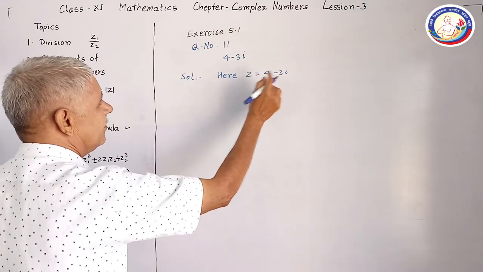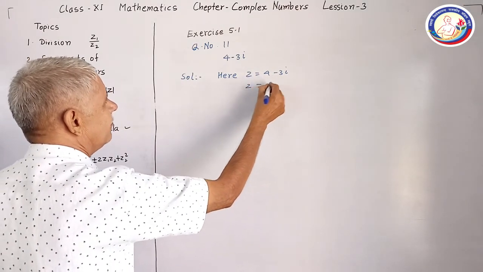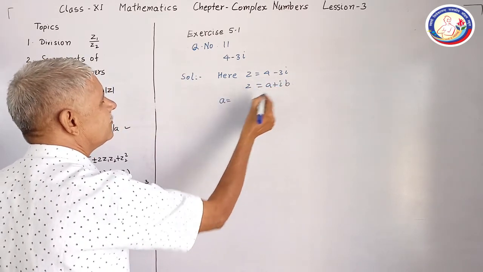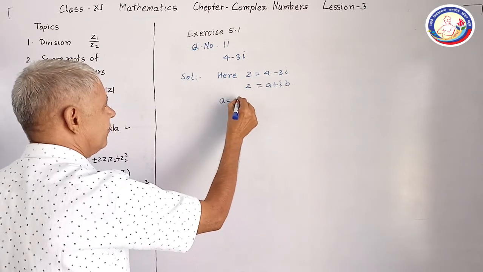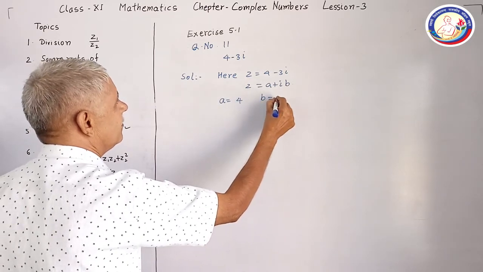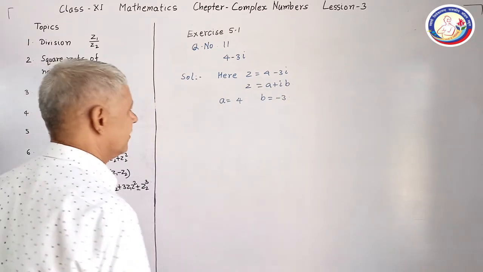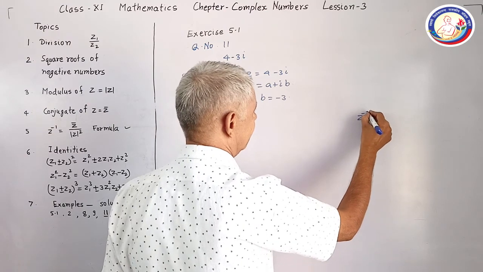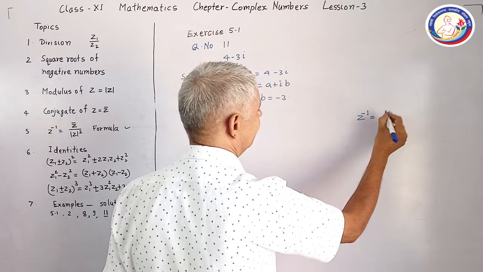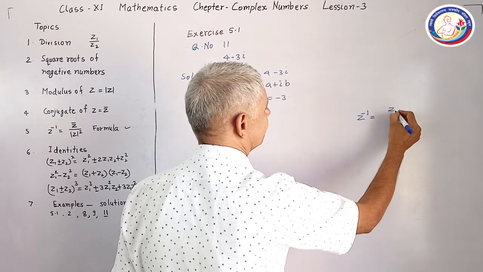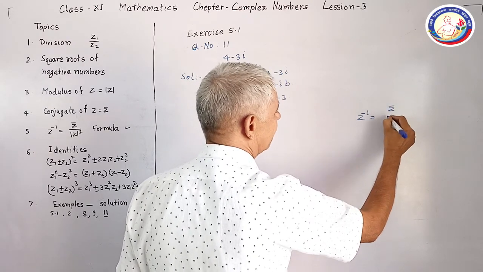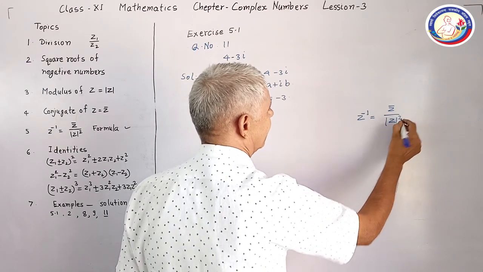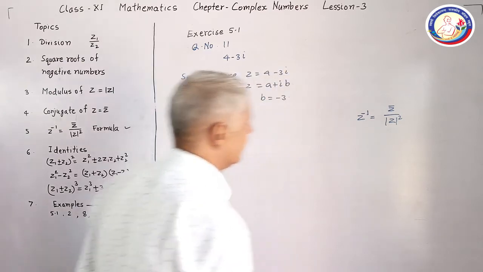Compare this with z equal to a plus ιb. We will have a equal to 4 and b equal to minus 3. We know the formula for finding z inverse, or 1 by z, or inverse of z, is the conjugate of z divided by the square of the modulus of z.